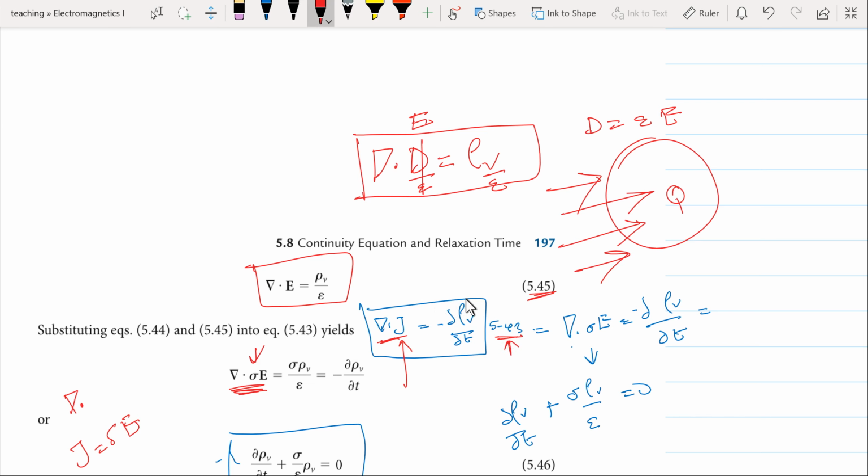I've just deleted it here for convenience. So we have already manipulated the left hand side and obtained this term. On the right hand side, we had the negative time derivative of rho v, which is already stated here. But before we go further, we want to find out how we are getting to this term.